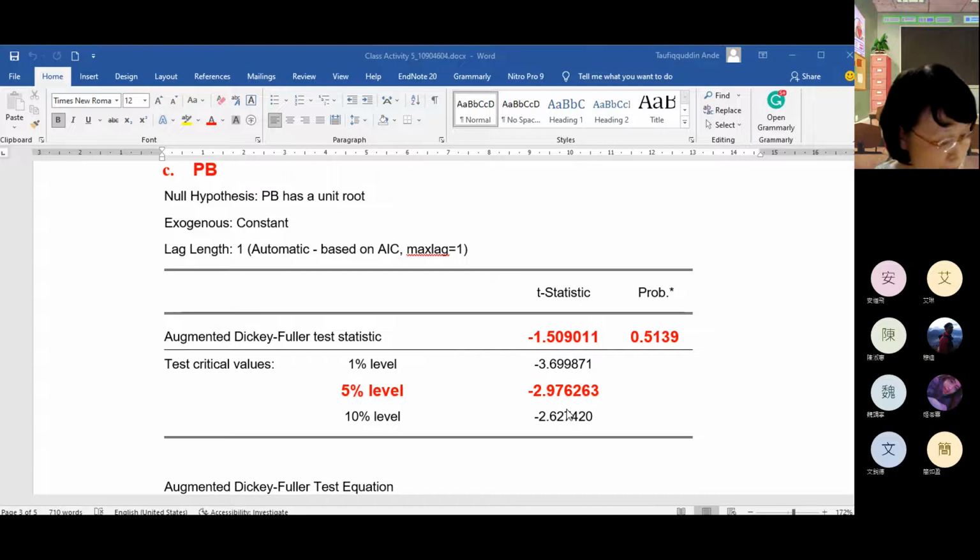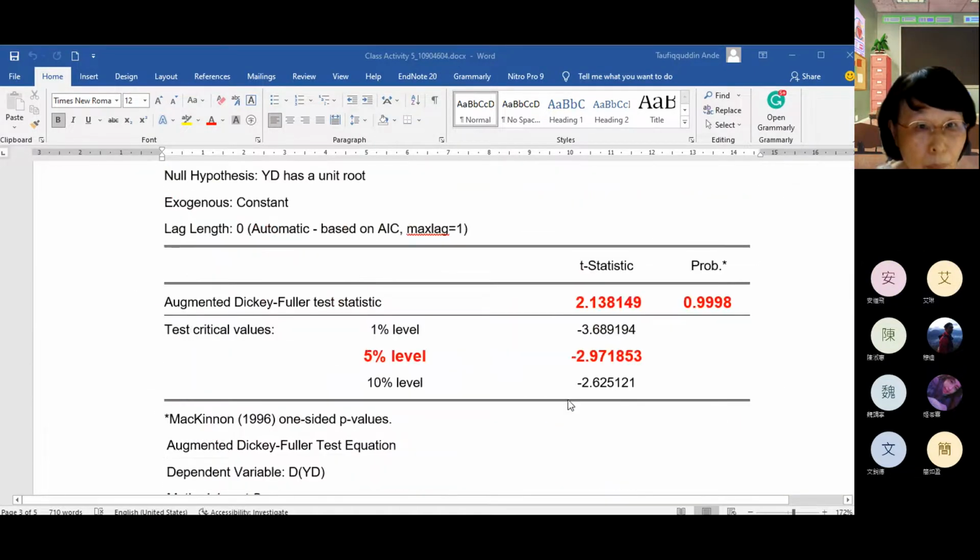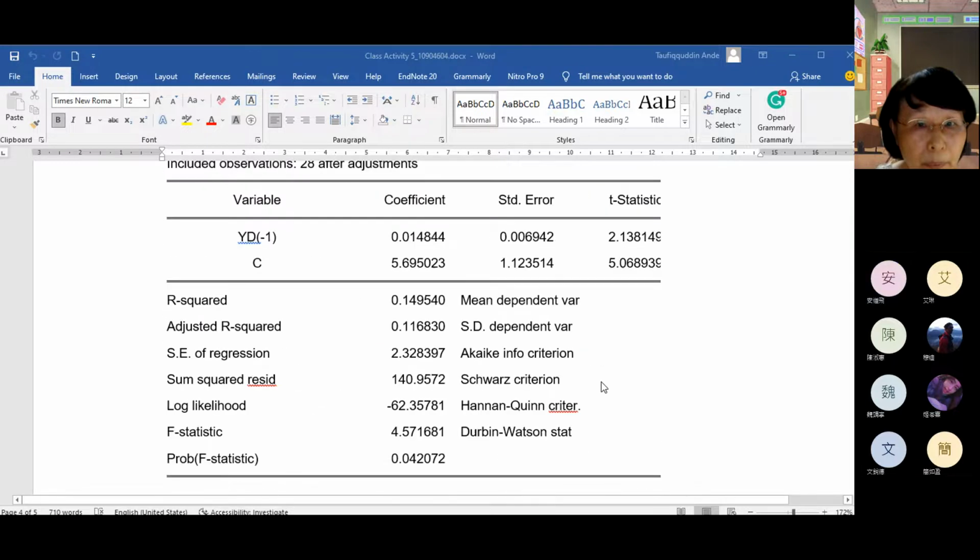Okay, let me see YD. You're all using 12.28, right? So this one is the same as the previous one. Okay, let me see your summary table.